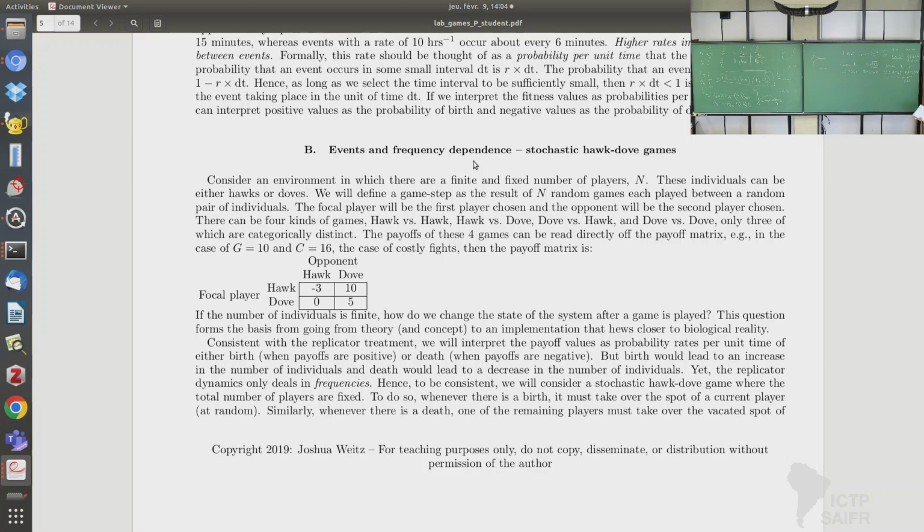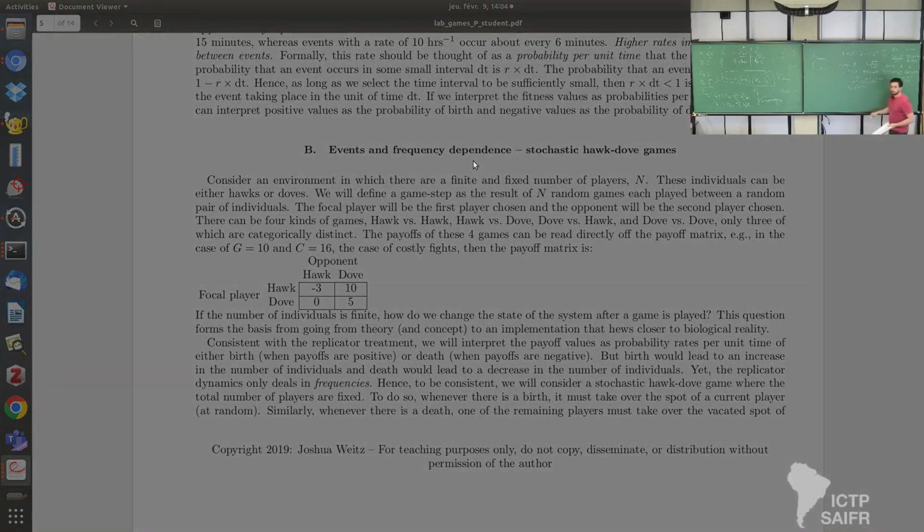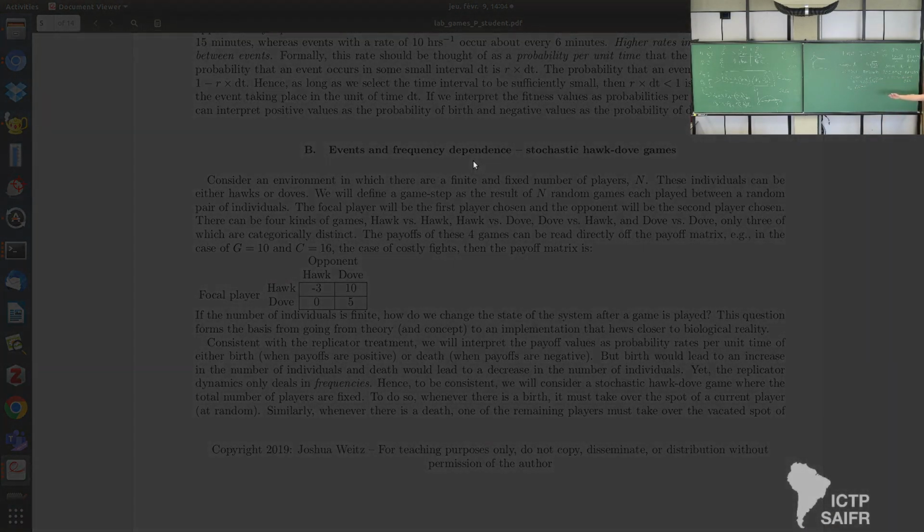And basically, for each of these n random games, what you will do is that you will choose two players at random. So for instance, player 1 will be a hawk with probability x, right? Because in your system x is the fraction of hawks.